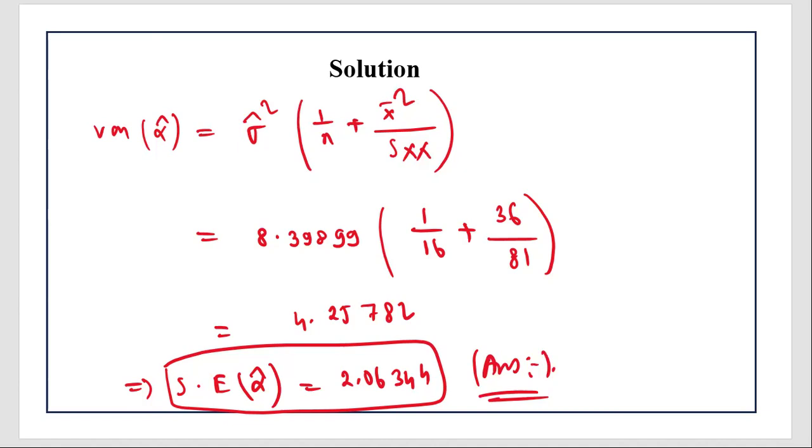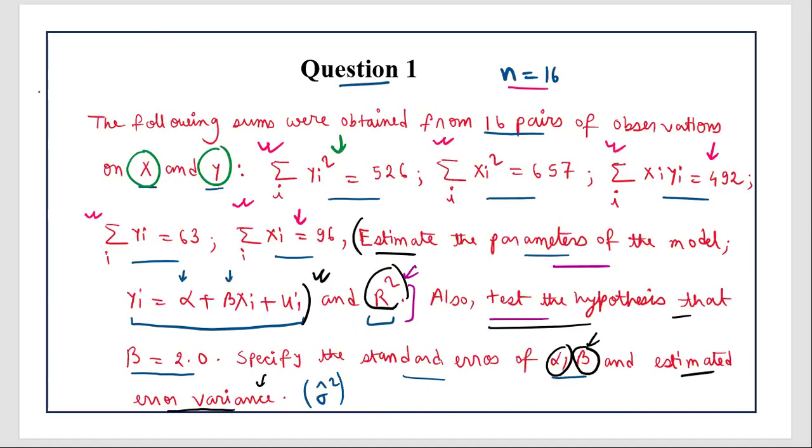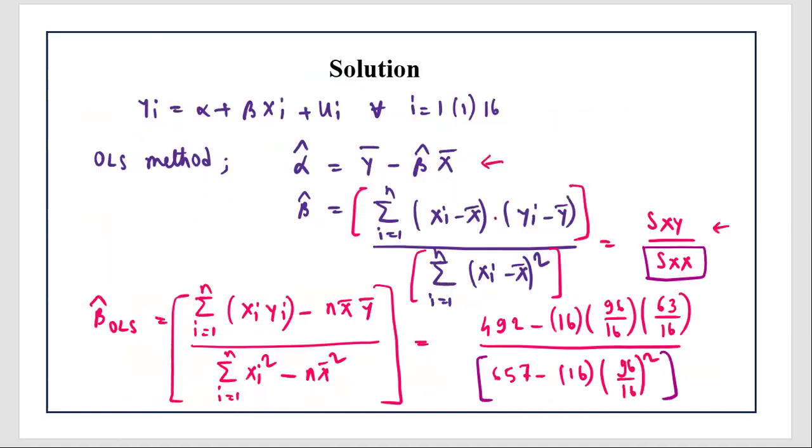Right? So this will be the answer for all the parts of the question. We have solved all the parts. Let me go back to the question and see what we have done so far. This is an all-in-one question where you are asked to find a lot of things. Firstly, you have to estimate the parameters of your model and R squared, which we have done here. You can take a screenshot and try the formulas yourself. You just have to put in the values.